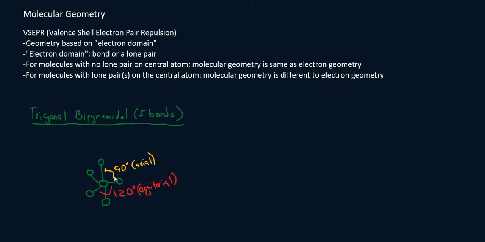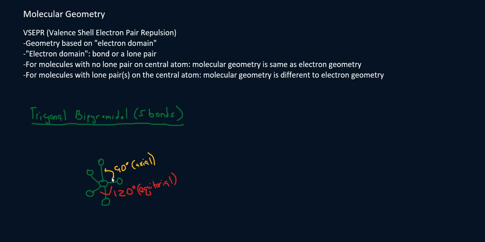We have a 90-degree angle that's called our axial angle, where we're looking at going from the bond going up and the bond going to the side. So the angle between these 2 bonds is going to be 90 degrees. Whereas when we're looking at 2 of the horizontal bonds here going around the central atom, so this bond and this bond, that angle is going to be 120 degrees, and it's called the equatorial bond.